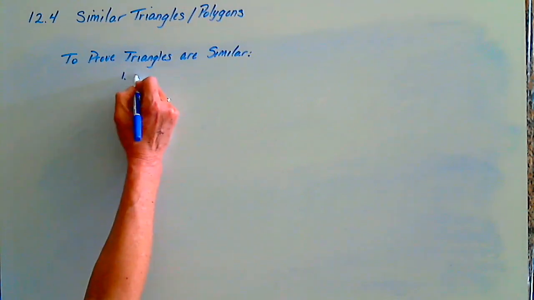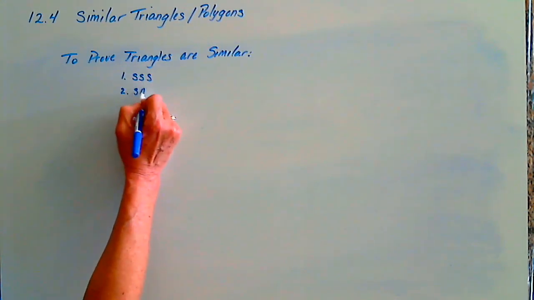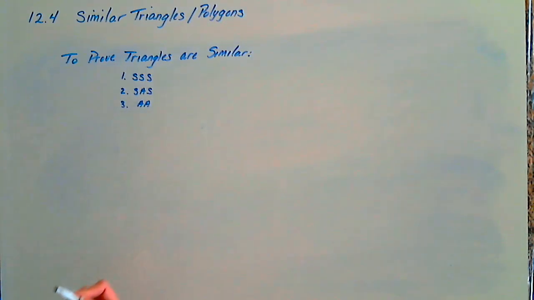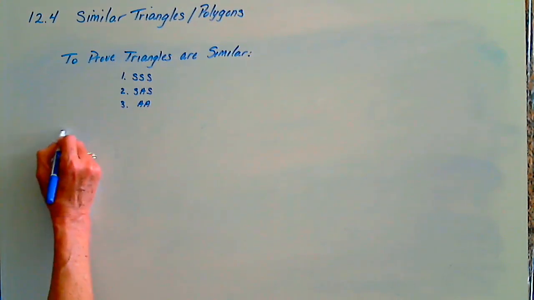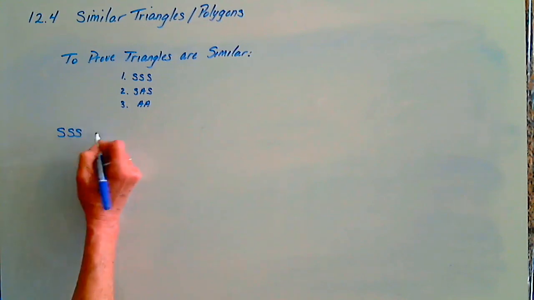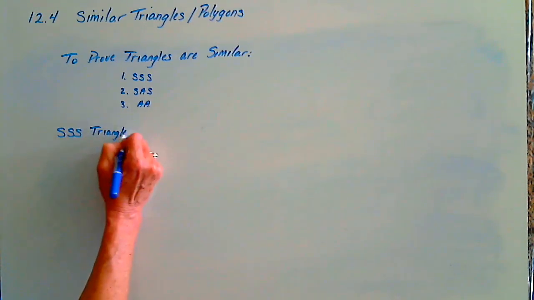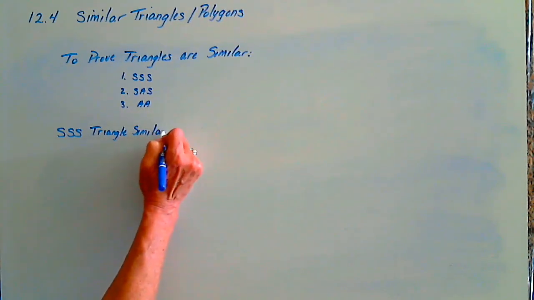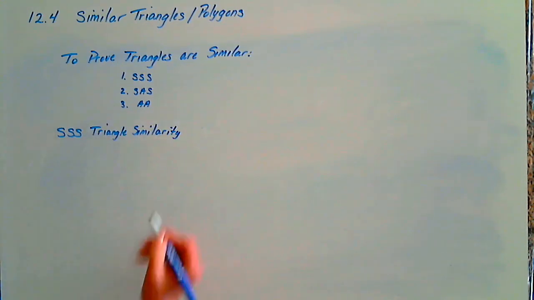We have side, side, side. We have side, angle, side. And we have angle, angle triangle similarity. So let's take a look at each one. The first one, side, side, side similarity, is, no pun intended, similar to congruence.